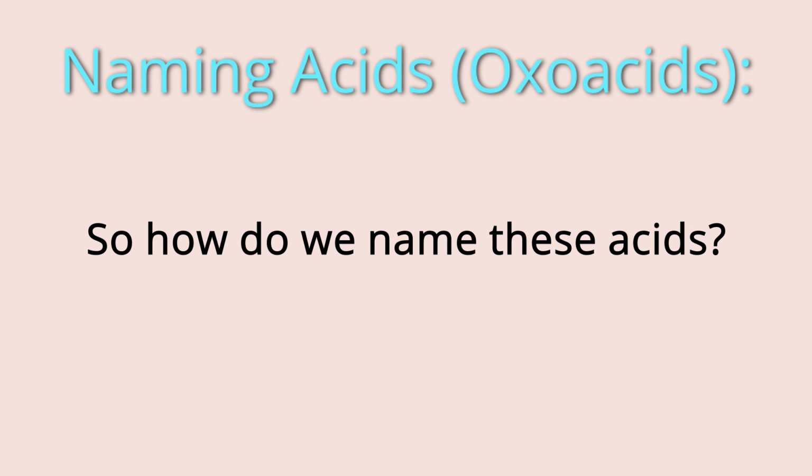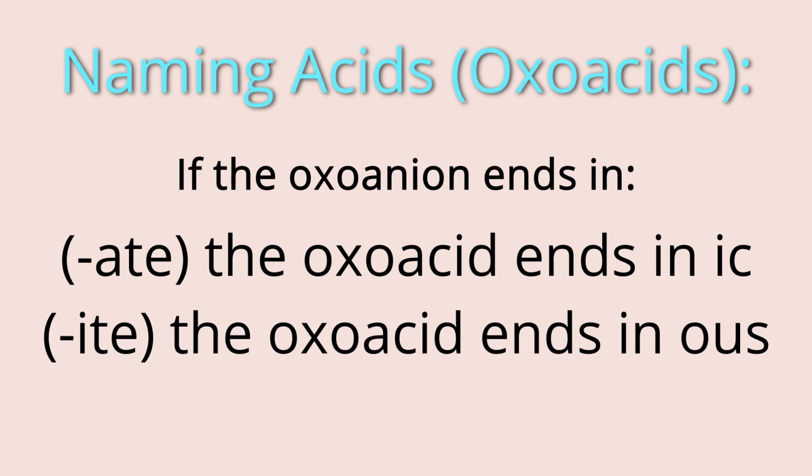So how do we go about naming these? These ones are a little bit more complicated. These depend on the oxoanion and the name that the oxoanion actually had. So if the oxoanion ended in ate, we change it to ic.